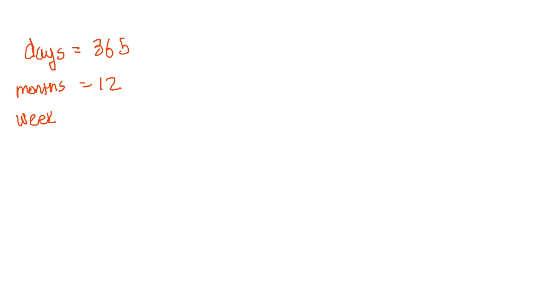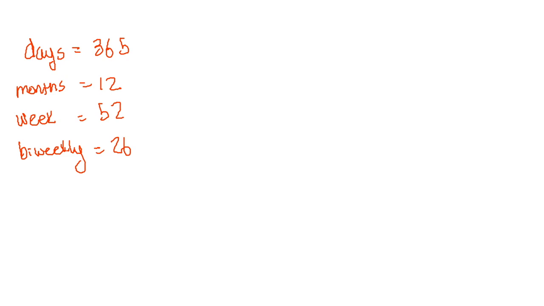Oh my gosh, sorry, 52 weeks in a year. So you might have to do that. You might have to do months. And then bi-weekly is 26. I think that's all you'll need to know.